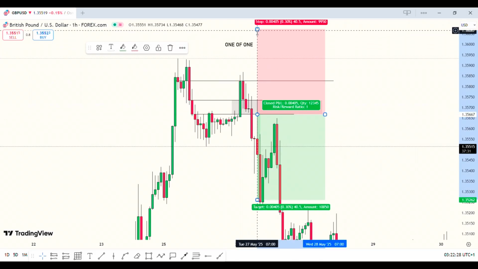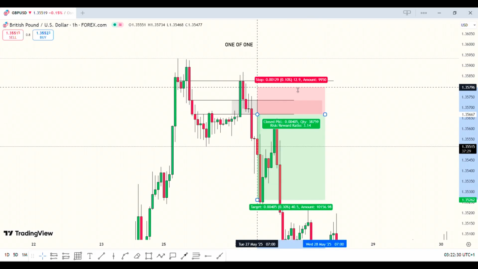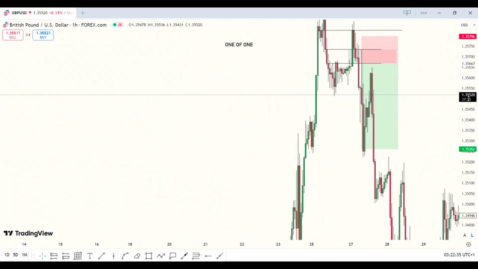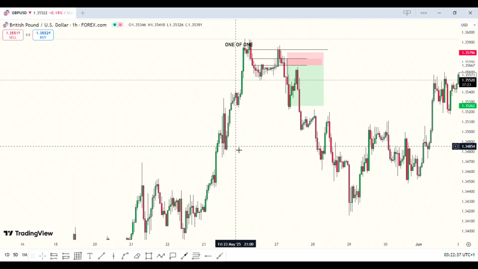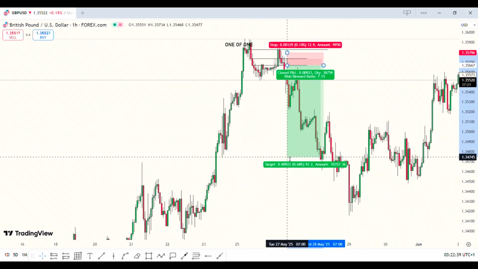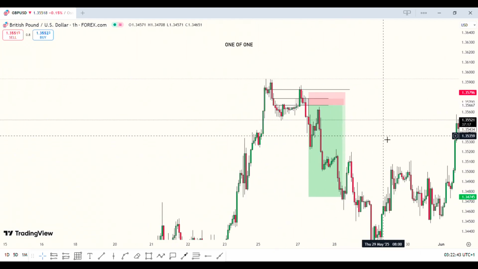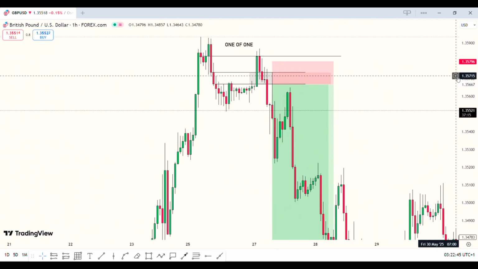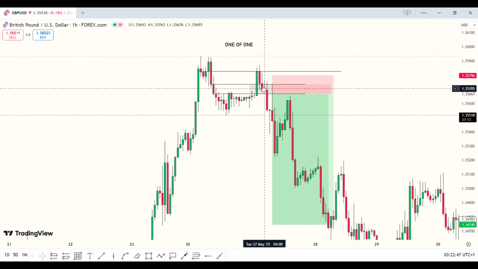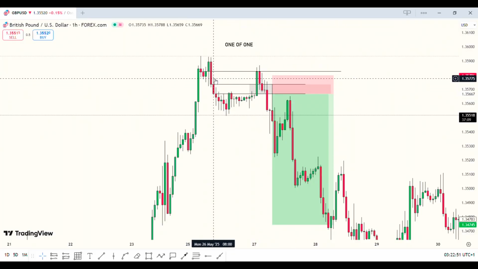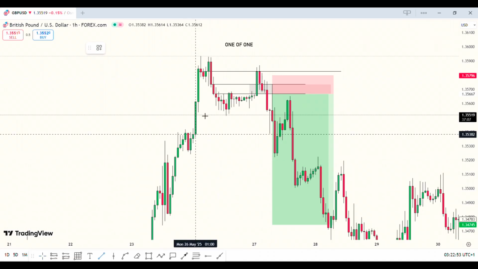So as you can see, of course this is hindsight, but the logic remains the same, right? And it is something that you can very much identify in real time. So price got into the first and the second. Of course, looking at this, there is something else.